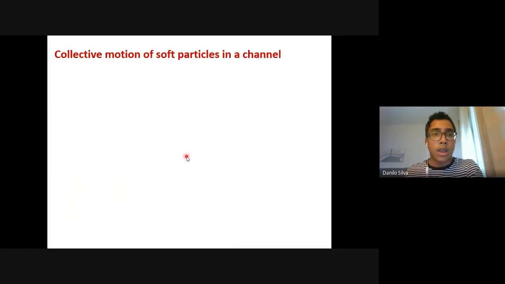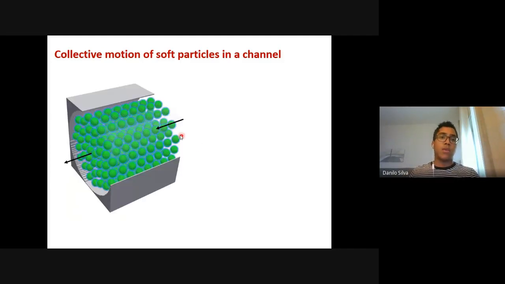Now that we are able to simulate a system of many droplets, what we did was simulate a channel, a pipe, or a tube, if you will, where we have a high volume fraction, and we want to look at the role of flexibility here.